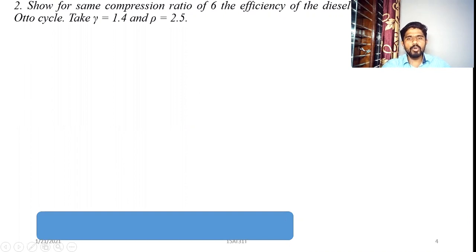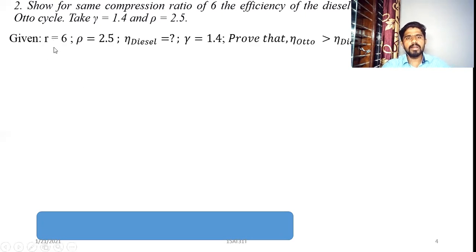Take gamma is equal to 1.4 and rho, the cutoff ratio, is equal to 2.5. So what is the required data? What you should calculate? You should prove that for the same compression ratio, the efficiency of the diesel cycle is less than the Otto cycle.